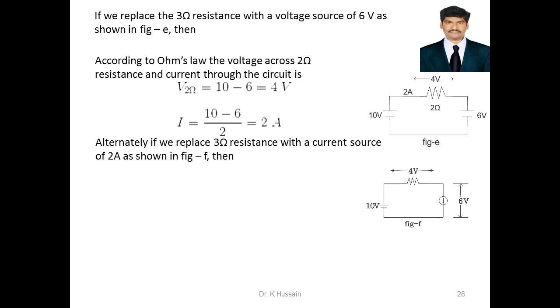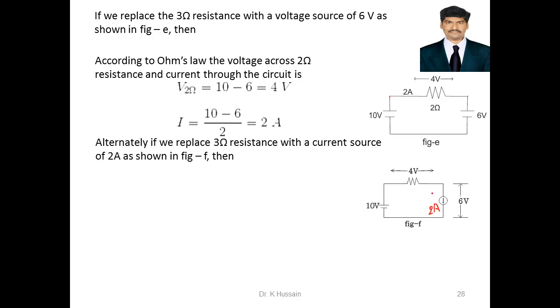This is the current, 2 amps. The resistance is replaced by a current source in this direction. Now you can see the resistance here, which is already 2 ohms.